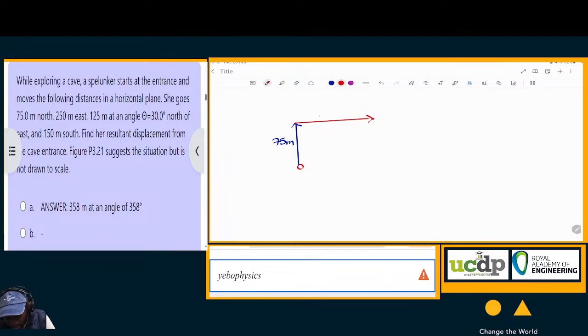And this is 250 meters east. Then from there, we're told that she moves 125 meters at an angle of 30 degrees north of east. North of east, it's going to be in this direction. And this is at an angle of 30 degrees.